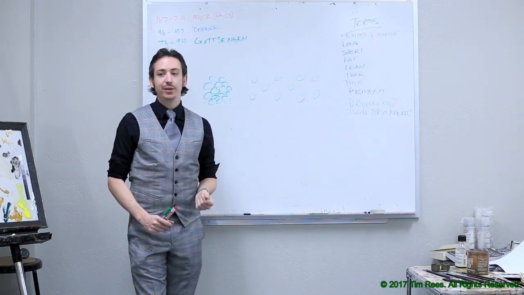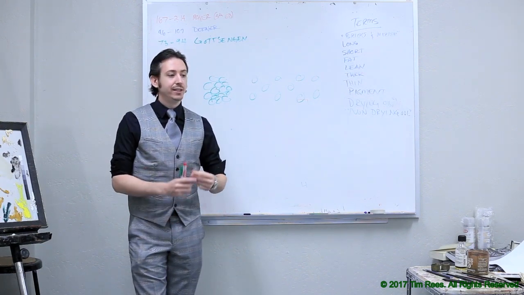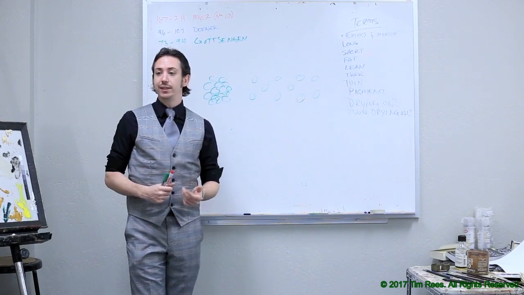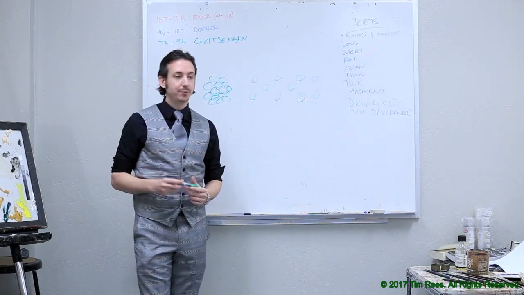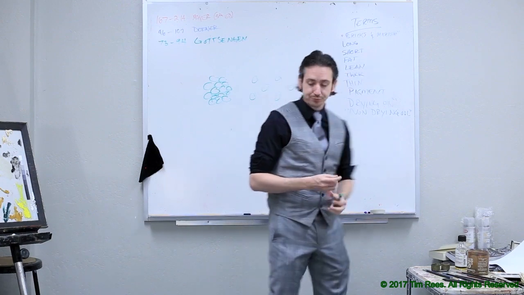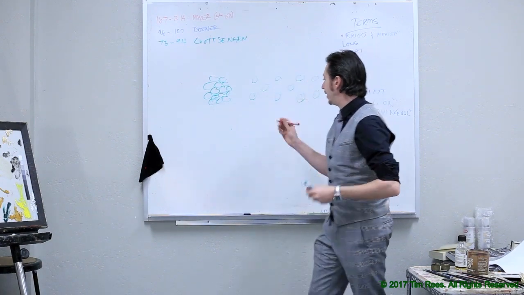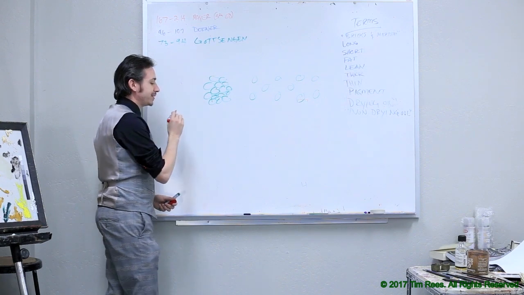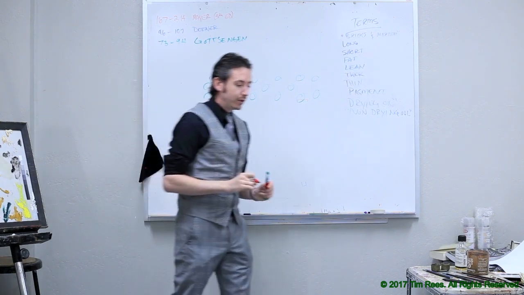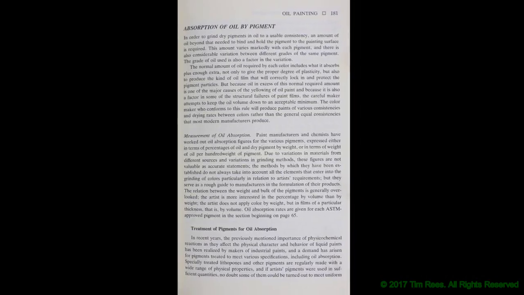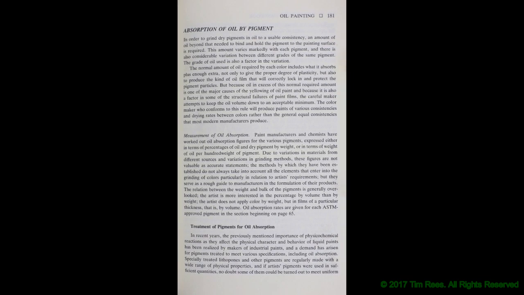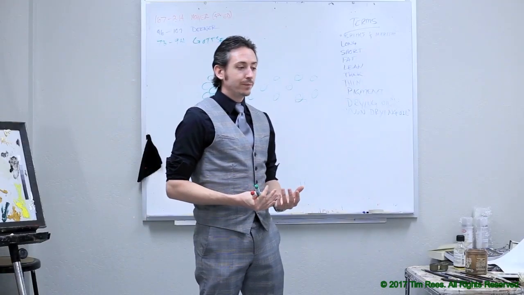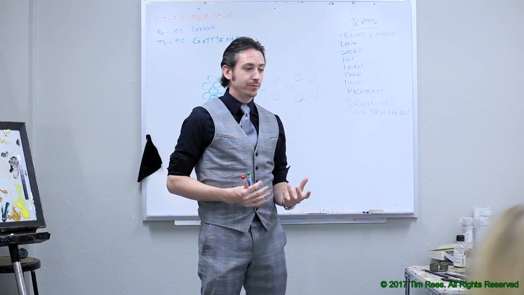If you get pockets of pigment, then you can have uneven drying time and cracking and flaking and powdering. So we have to be careful about that. The other note about pigments that we talked about is that they have different oil absorption rates. So these pigments require different amounts of oil to be turned into oil paint.